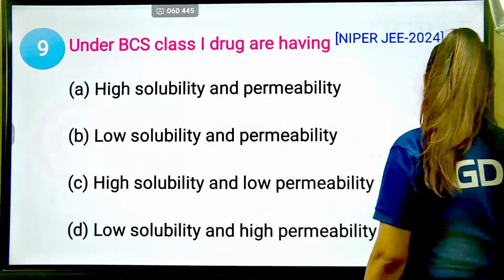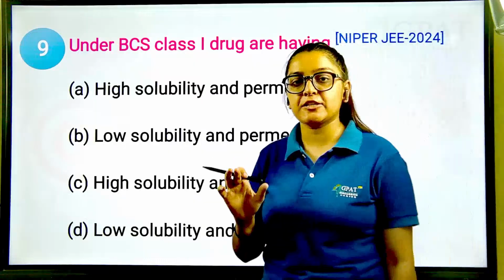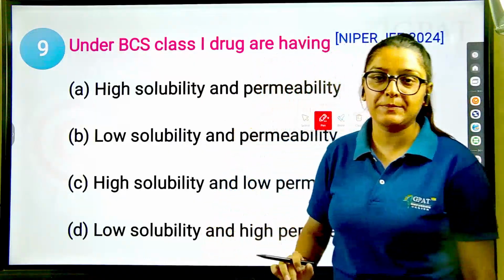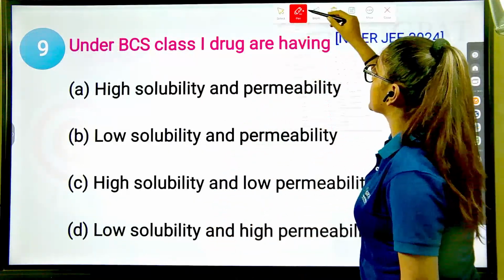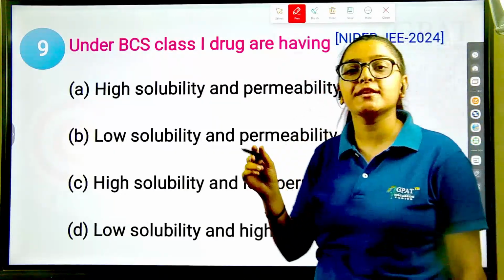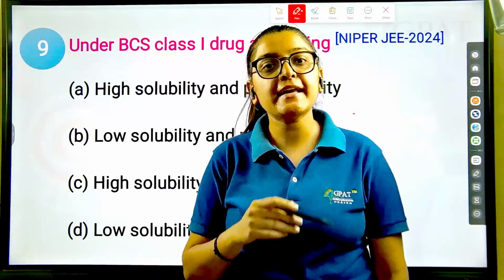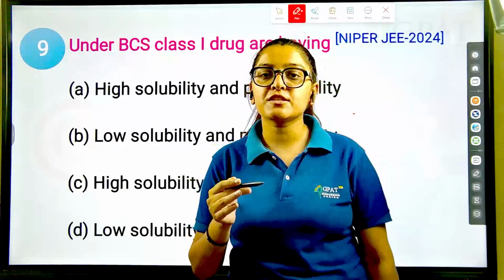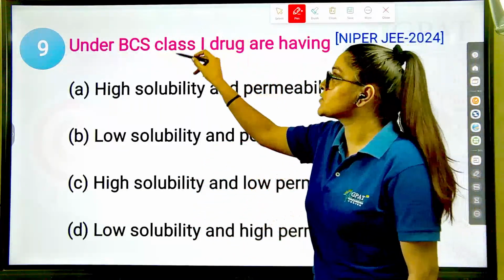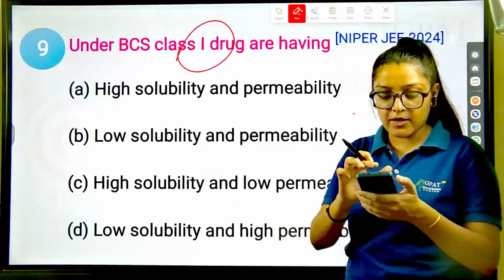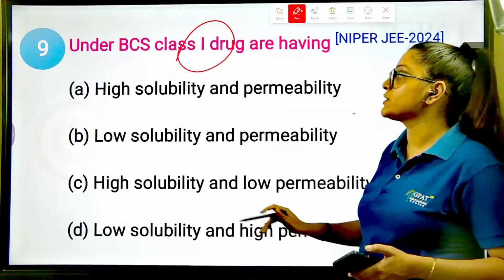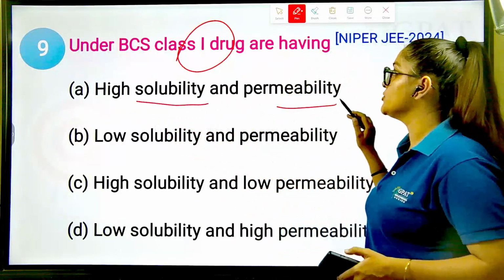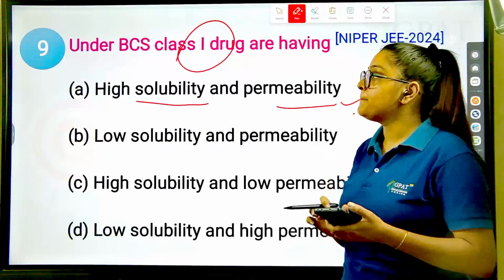Next question we have. Under the BCS classification, you all know the BCS classification system is famous for categorizing the drugs based on their solubility as well as the permeability. So the drugs which belong to class 1, such drugs are known to have the higher solubility and the higher permeability, right?